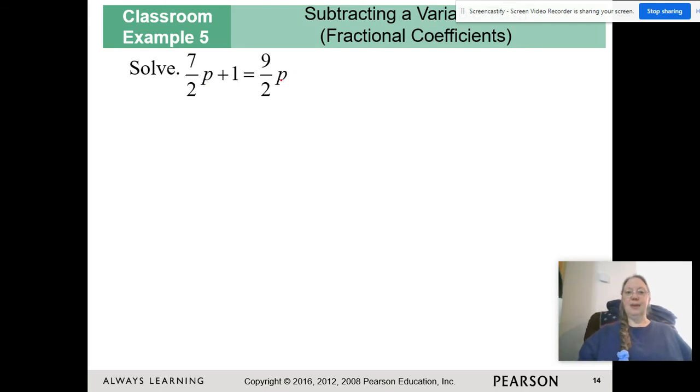All right, again, we have two different variables, one on each side, and notice that this one is bigger. So what I'm going to do is subtract whichever one will end up with a positive variable. Since this one is smaller, this is the one I'm going to subtract.